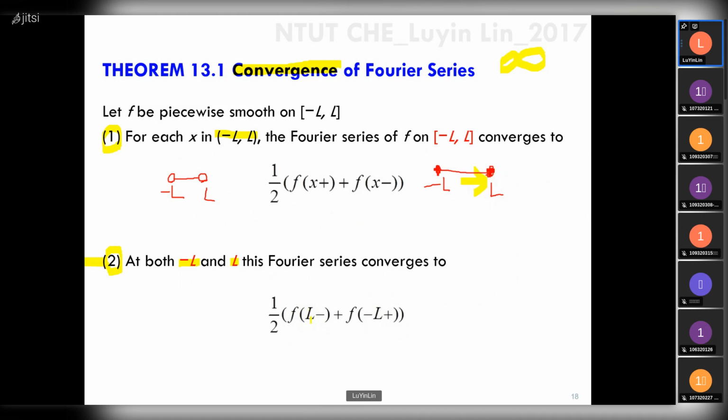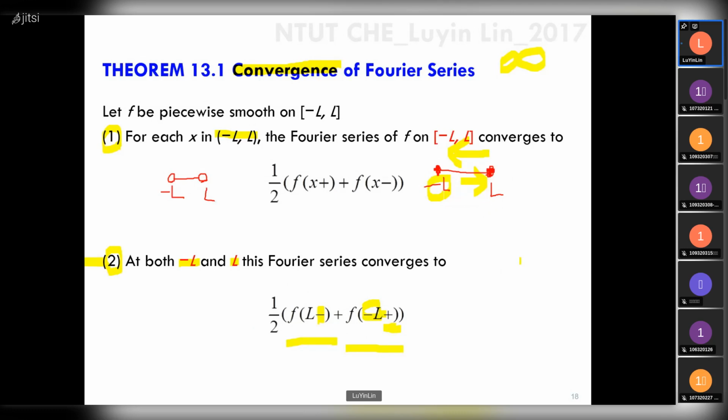So that is L minus. Minus means approach from the left-hand side. Okay. And what is minus L plus? Plus means approach from the right-hand side. Okay. So you approach minus L from the right-hand side, this is the value. You approach L from the left-hand side, this is the value. You sum up and divide it by 2. You will get the value of convergence.